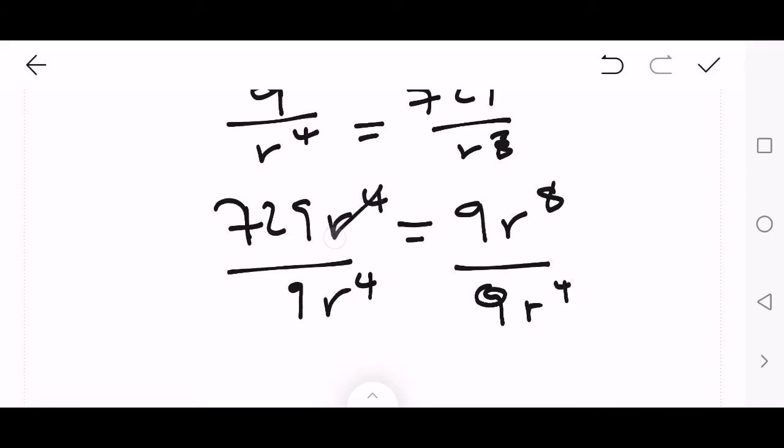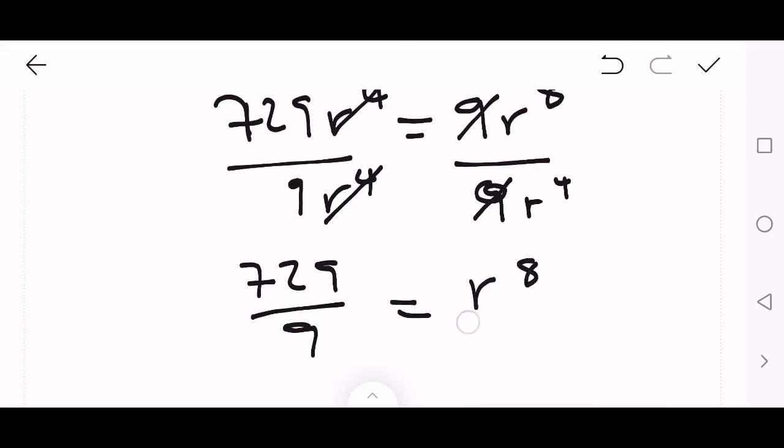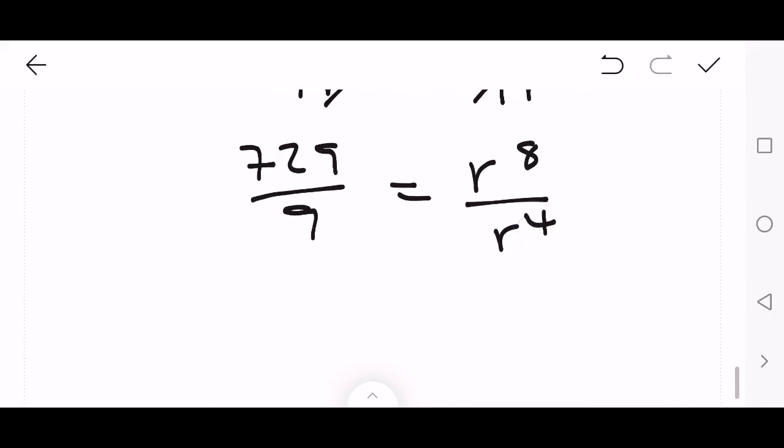So this will cancel that, and the 9 will cancel the 9, so we'll be left with 729 over 9 equals r to the power 8 over r to the power 4. So 729 divided by 9 is just going to be 81.